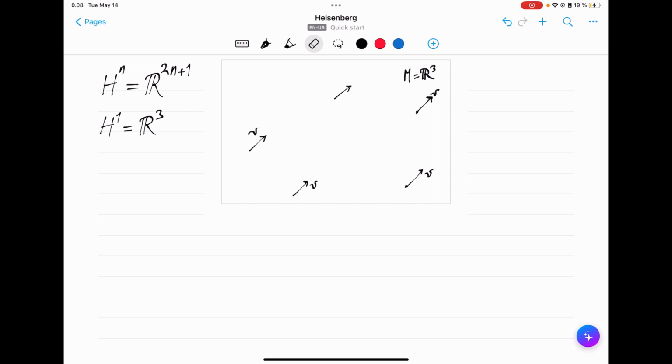Given a point P, and a vector V in TPM, we can canonically translate that around the space. So there is another vector in TQM which in a canonical way corresponds to the chosen vector from TPM.